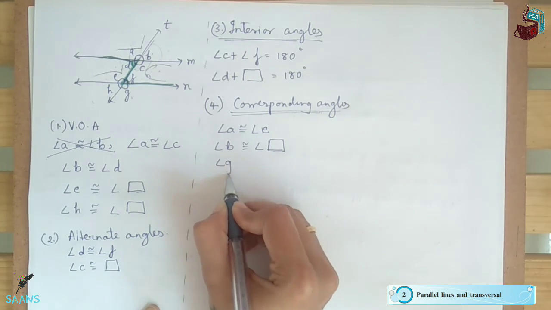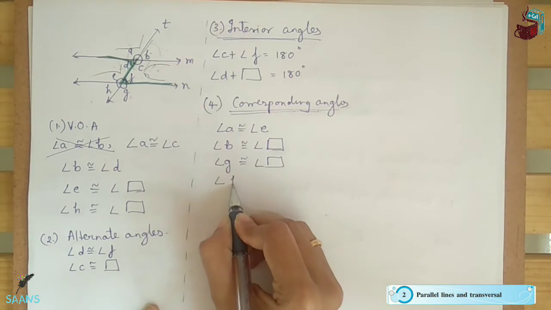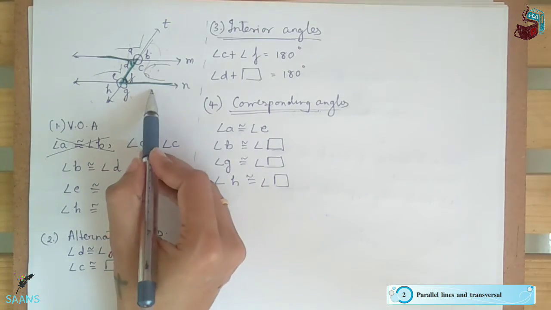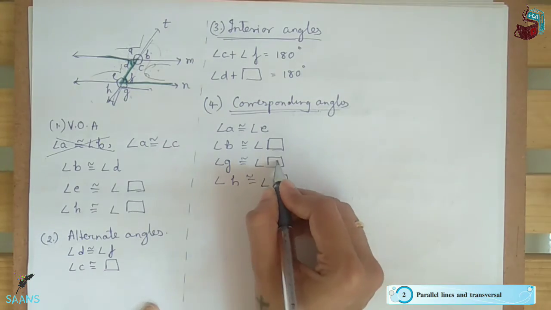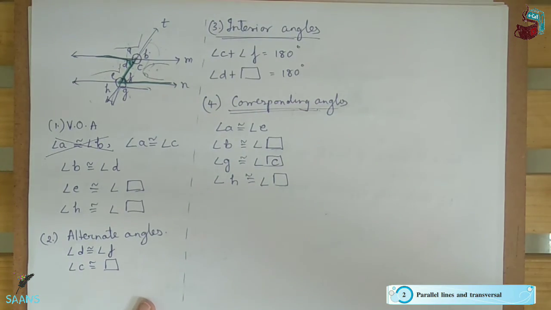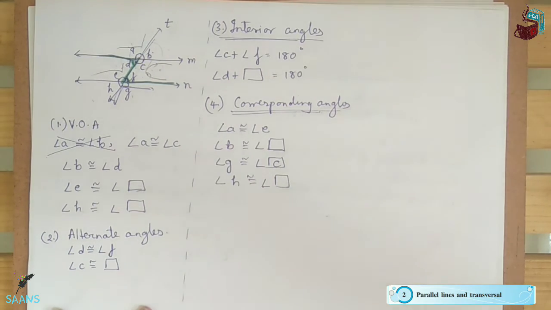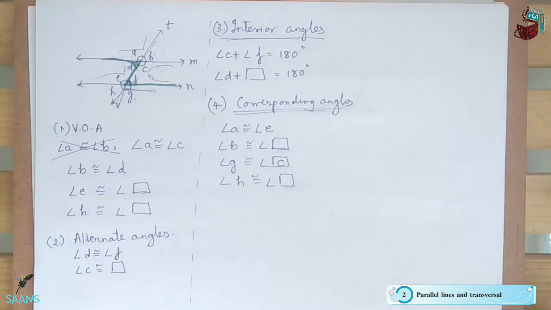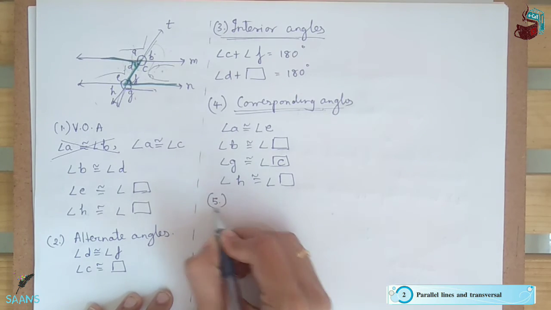If I go, angle G is congruent to angle box. Angle H is congruent to angle dash. Okay, for G I'll fill in the opposite one, G and C. So angle C. I hope you have understood this. I know it's a little cramped, but I hope you'll understand. So that was for your corresponding congruent angles.